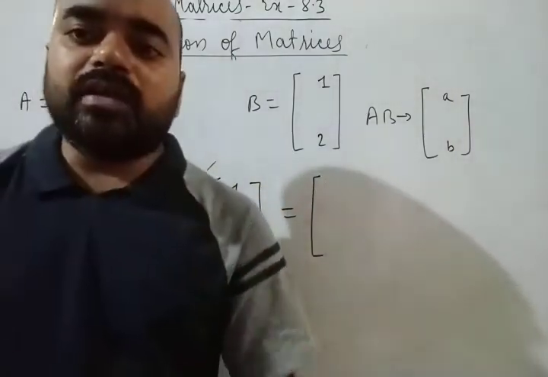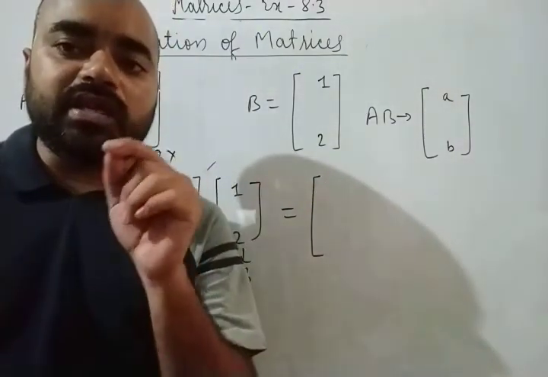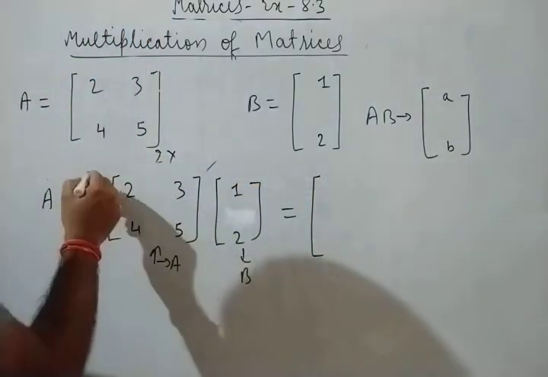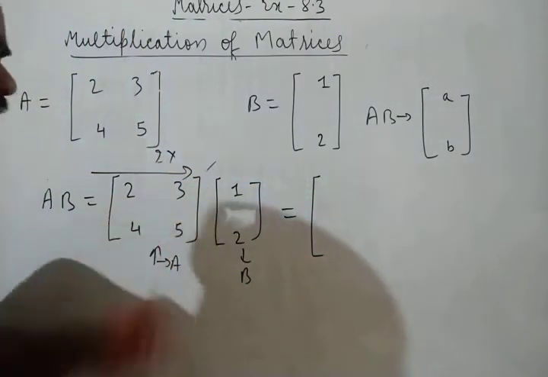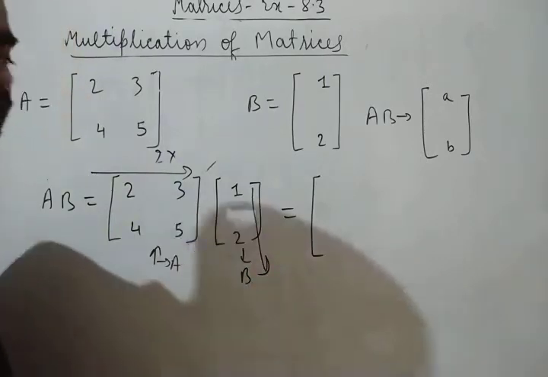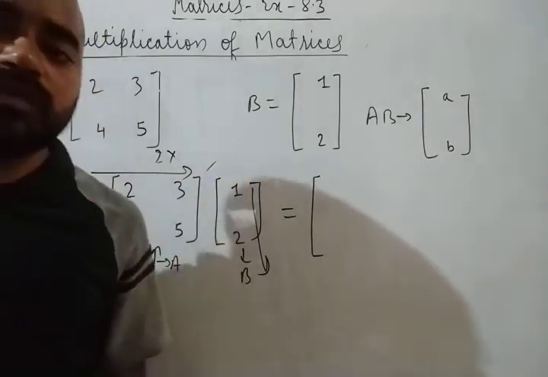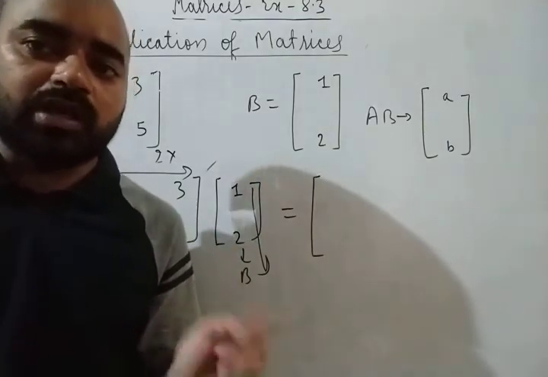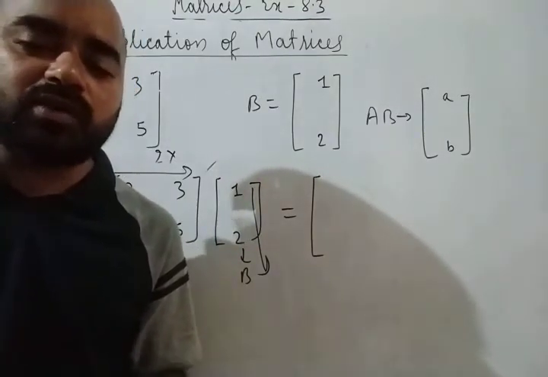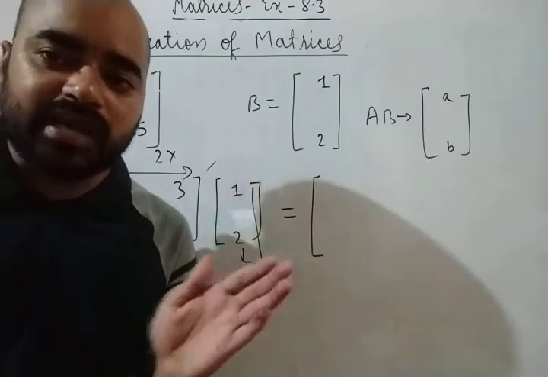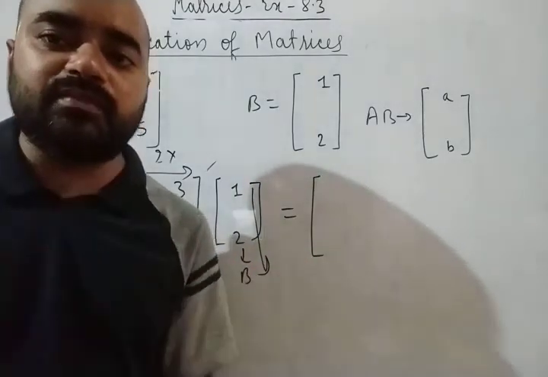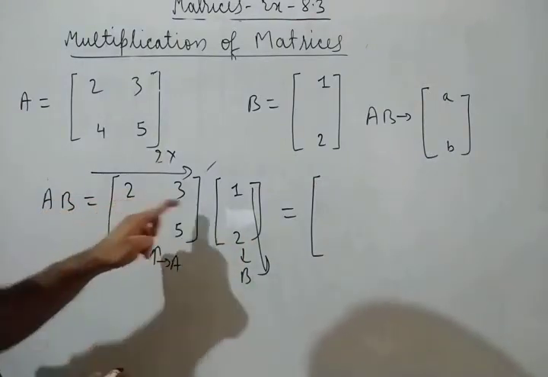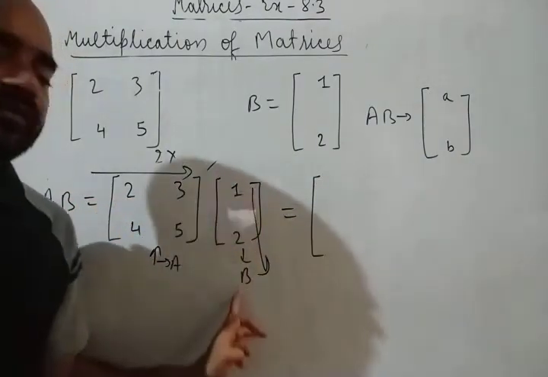Whenever you have to multiply matrices, first you take the row and multiply it with the column. What is the row? 2 and 3. And what is the column? 1 and 2. It means we have to multiply the corresponding elements of the row with the corresponding elements of the column, and add them to obtain the first element. I have taken the first row, that is 2 and 3, and the first column, 1 and 2.